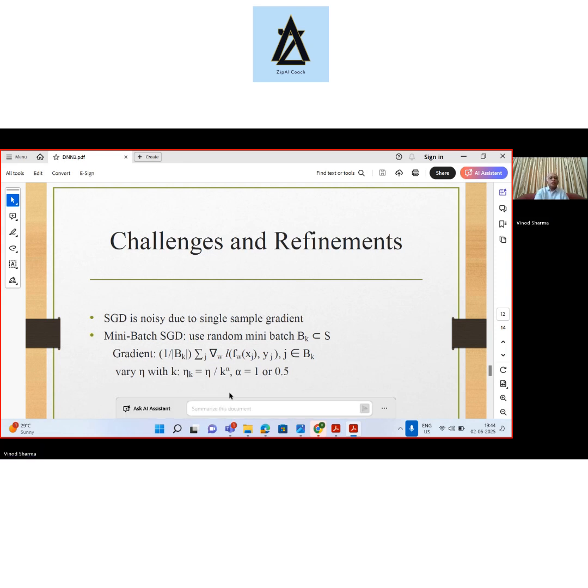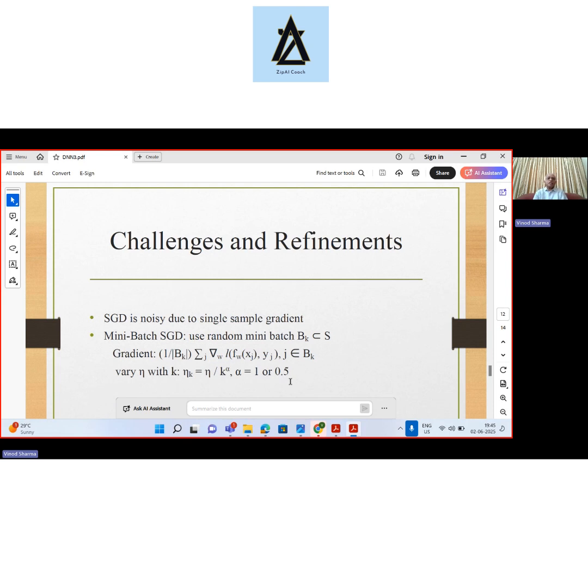Also, the eta, the constant term that we have used in stochastic gradient descent, we vary it with k, the index in W_k. As you are running the algorithm, eta_k is reduced, and we can take it as some positive constant eta divided by k raised to alpha, where alpha is equal to 1 or 0.5.